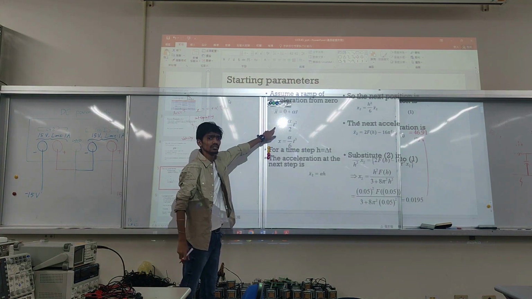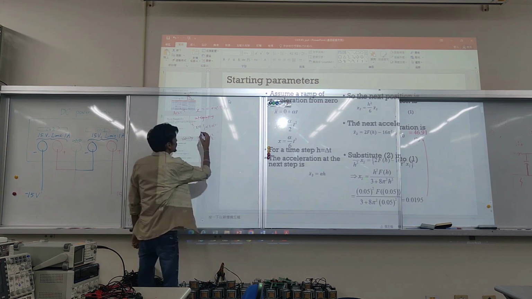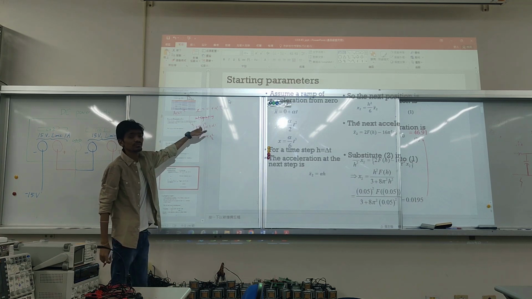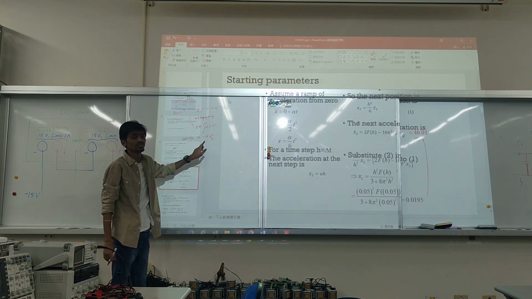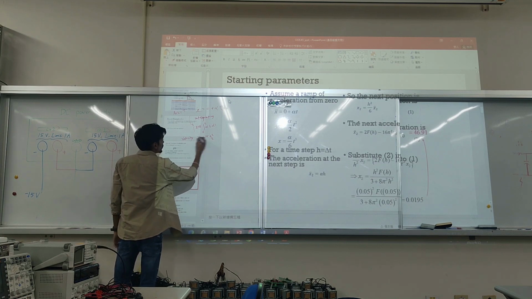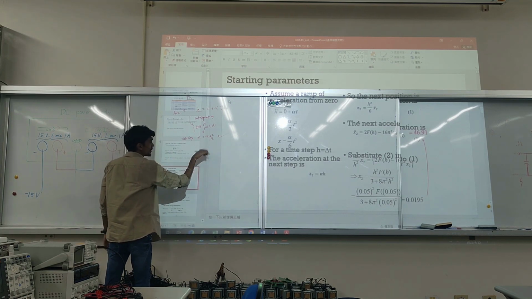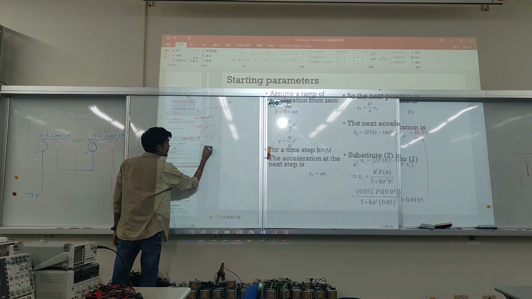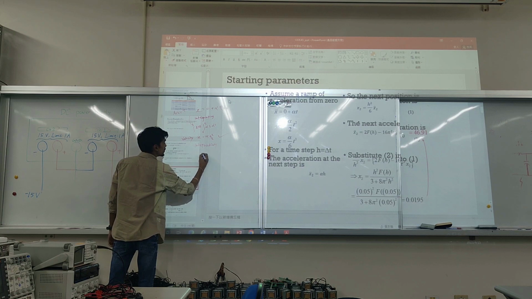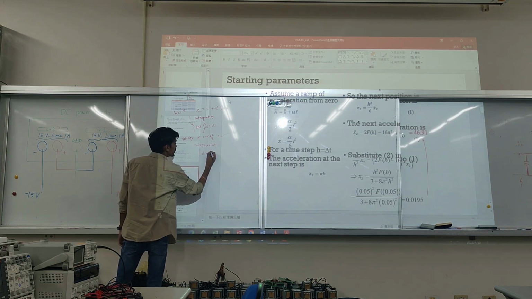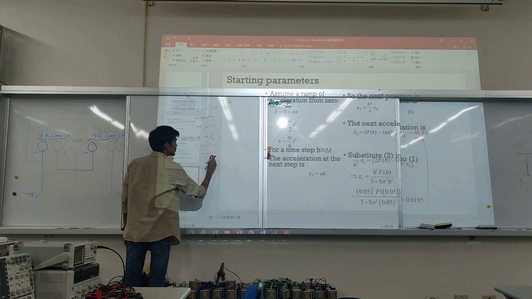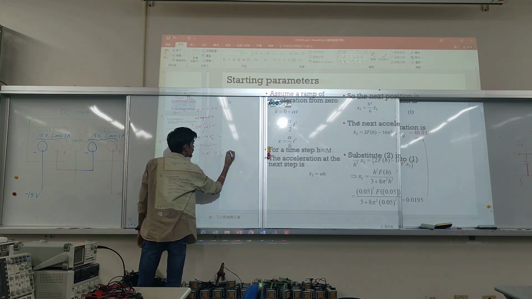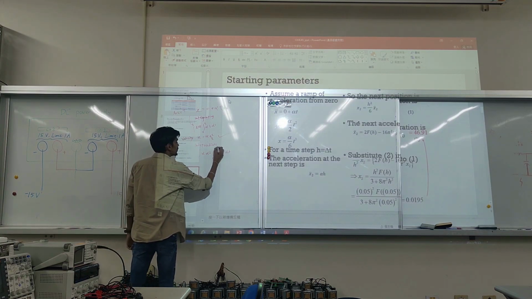There is no constant, because we are starting from 0 to t. If there were a limit, then a constant would appear. Again, this is our velocity term. Now for the displacement, again we are integrating x dot dt, that is alpha t square by 2 dt, again from 0 to t.